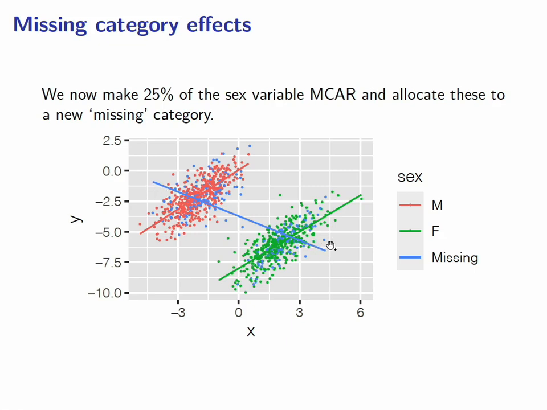And then if we don't include an interaction between x and sex, so we assume that the relationship between x and y is the same across these three categories, the coefficient of x that we obtain is a weighted average of the slopes estimated in these three different groups. And so the impact of this negative slope in the missing category is going to be that it drags the coefficient of x downwards away from the correct value, which is actually 1 here.